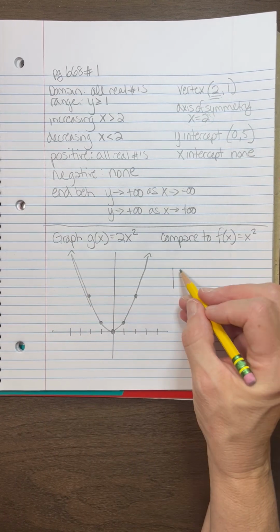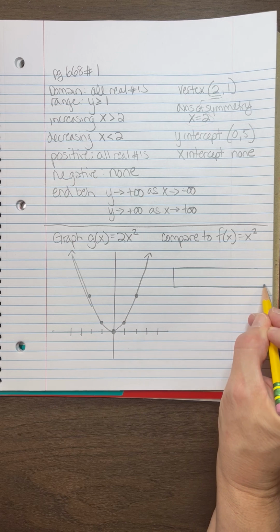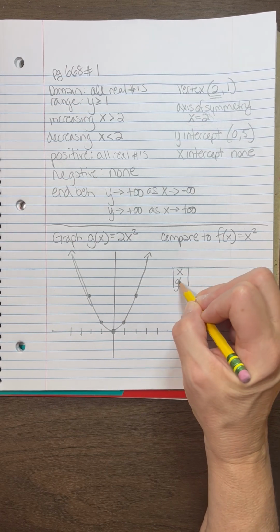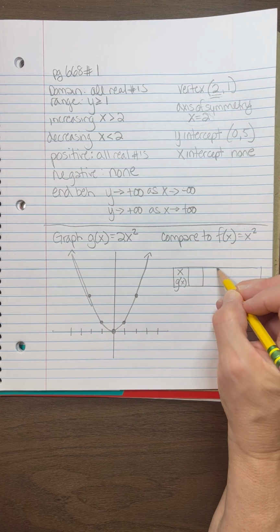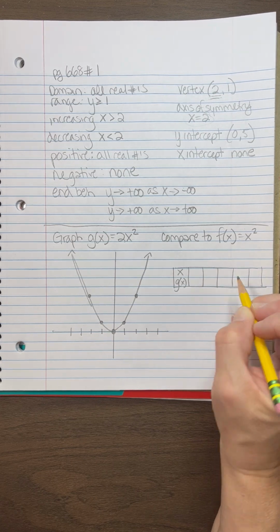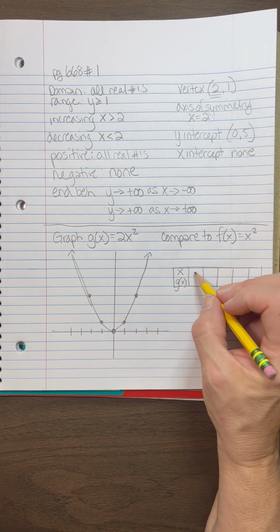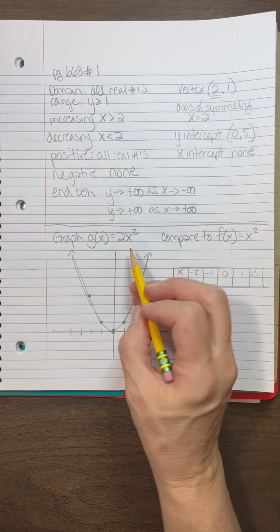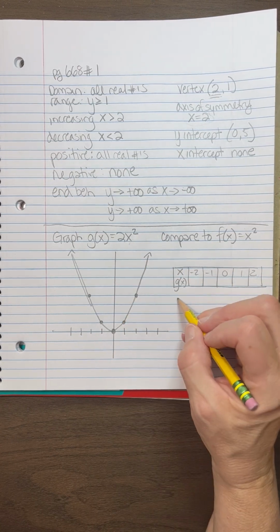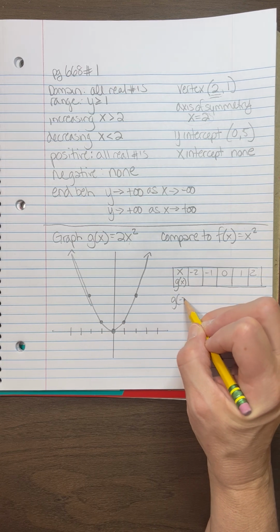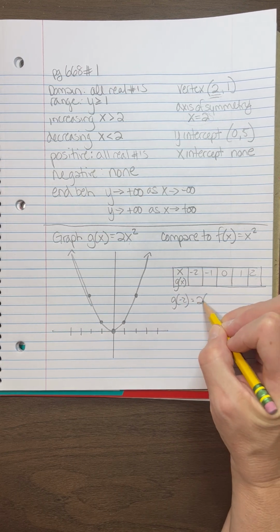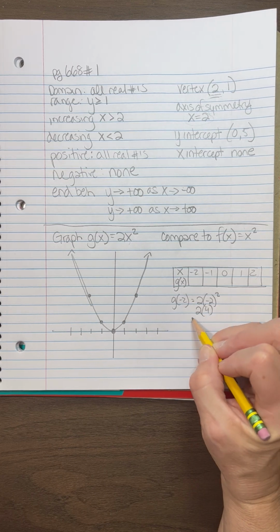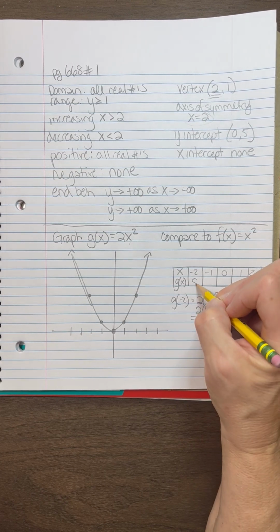Let's make a quick table. So we have x, and then we're going to have g of x this time. We graphed the f of x. So let's just do negative 2, negative 1, 0, 1, 2. If I put negative 2 in for x, g of negative 2 is going to be 2 times negative 2 squared, which is 2 times 4, which is 8.